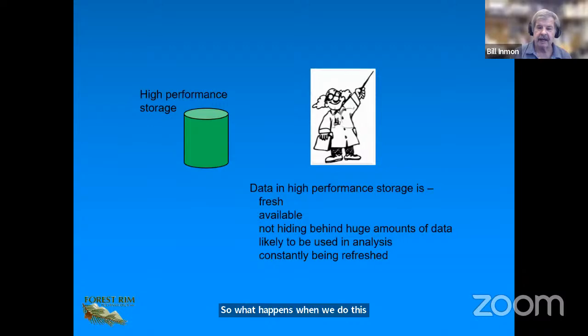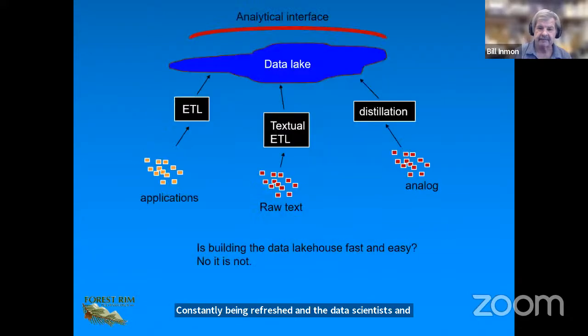We end up having a data lakehouse in which data is fresh, available, not hiding behind huge amounts of data, likely to be used in analysis, constantly being refreshed, and the data scientists and other people can find the data easily. So this then is a very high-level diagram of what you need to do to convert your data lake into a data lakehouse.